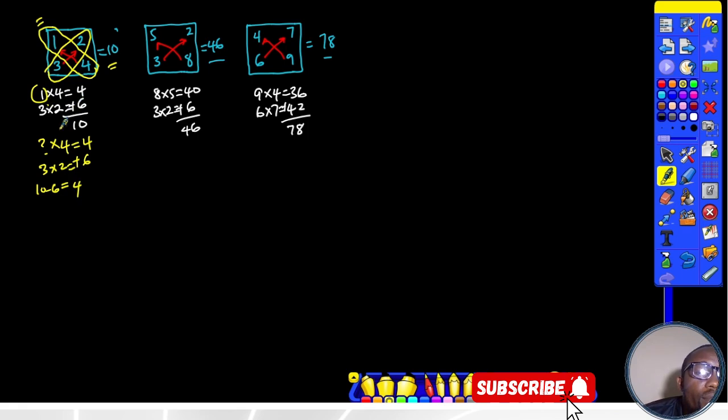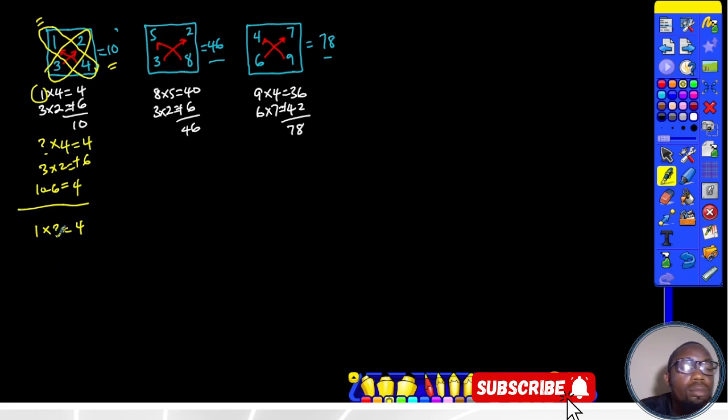What if 4 is missing? If 4 is missing, it's the same thing. You need to start with 10. Now, if 4 is missing, we're going to do 1 times this missing number equals 4.